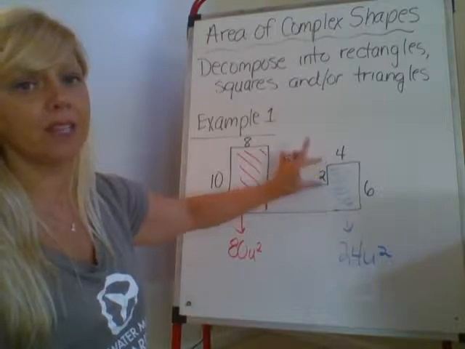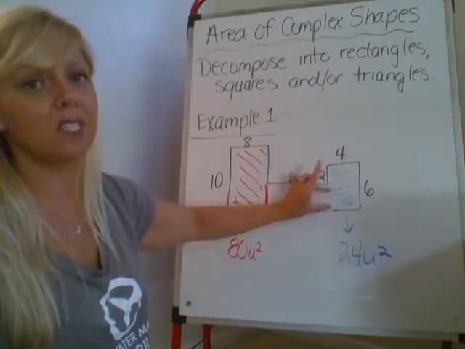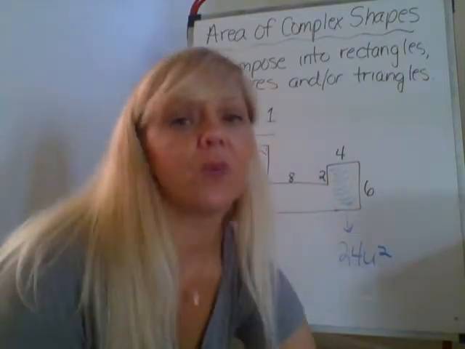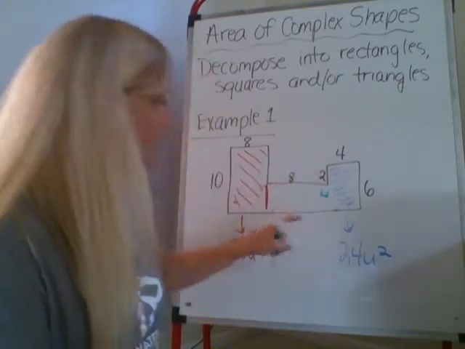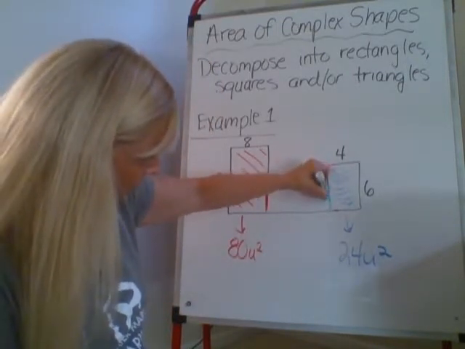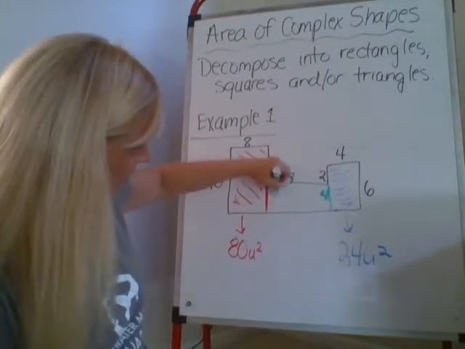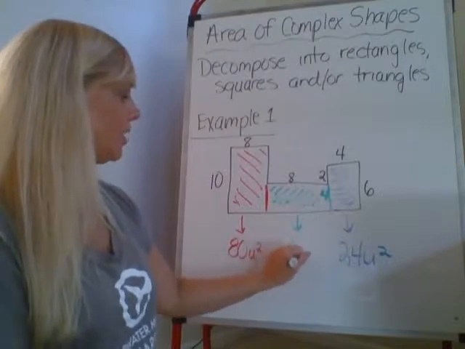That's where I'm getting the 6. So if this is 2 and this whole thing is 6, that means this piece right here is 4. So in green, I'm going to put 4. That's how big this line is right here. This is my middle one. So 8 times 4, and that's 32.